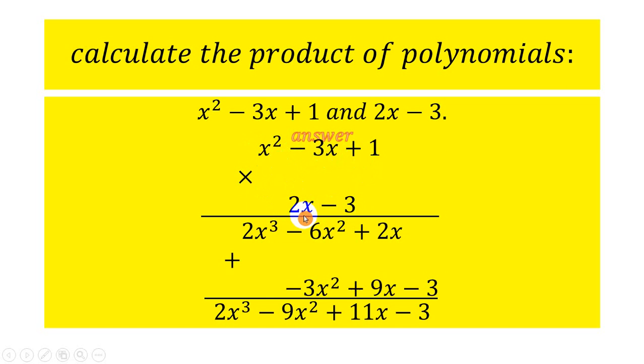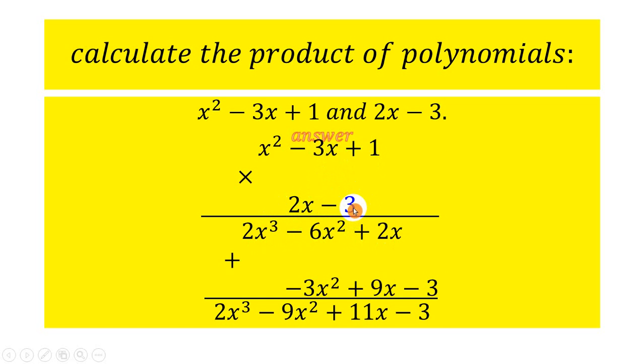We multiply 2x times x squared, which is 2x cubed. 2x times minus 3x equals minus 6x squared. 2x times 1 is equal to plus 2x.